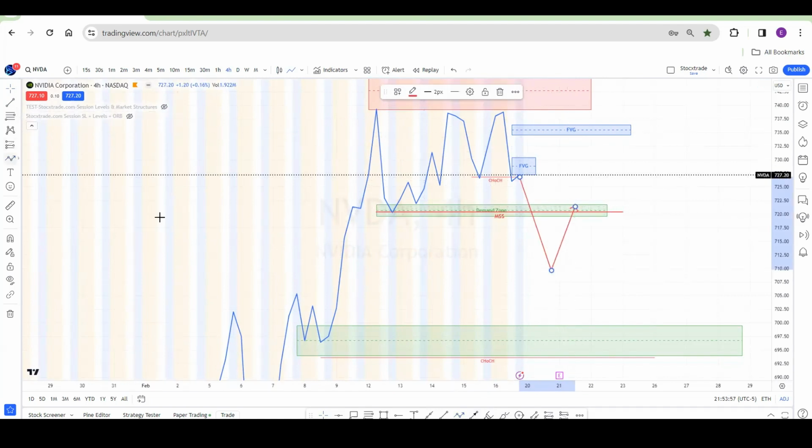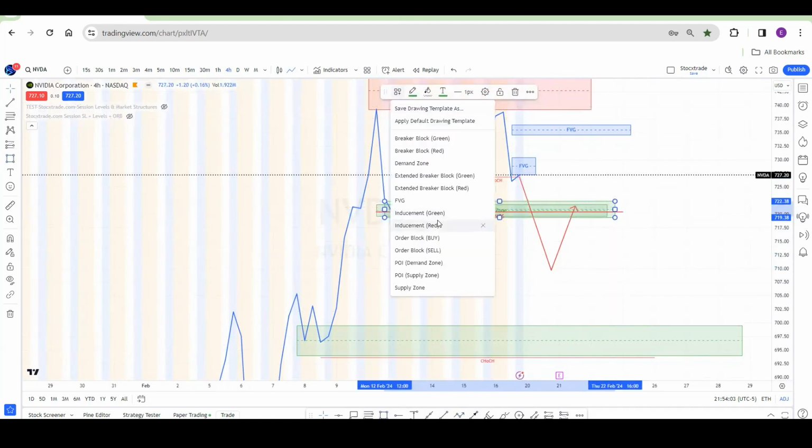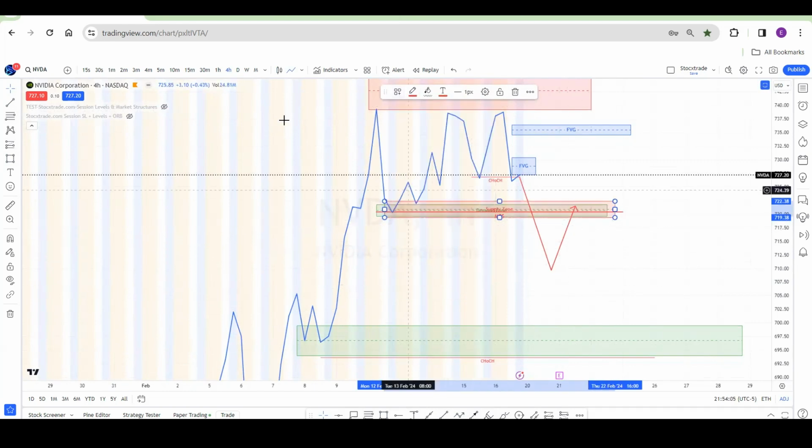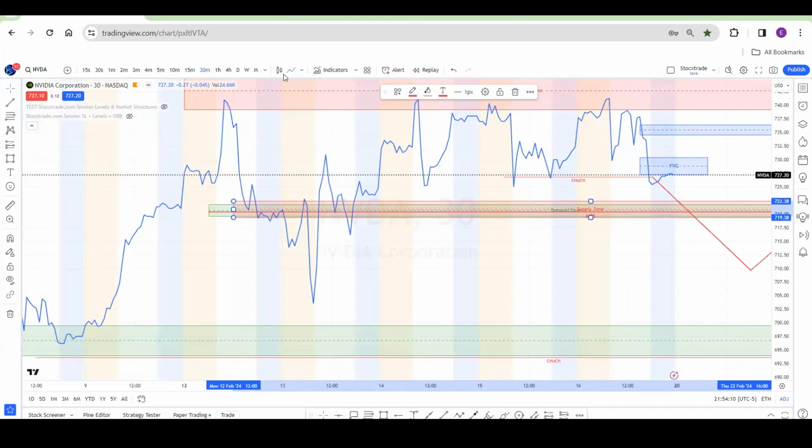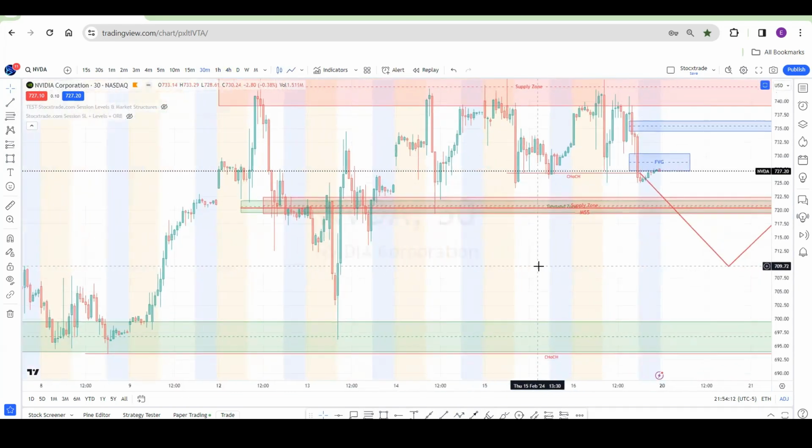And here you will have the supply zone. This will act as a supply zone, or breaking block. So we might be able to see it more clearly in the 30 minutes.